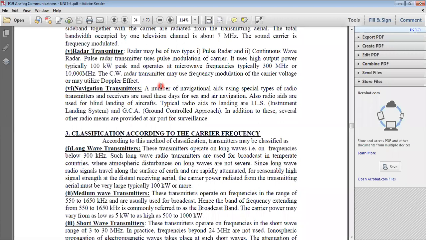But in CW radar transmitters, we use frequency modulation with a carrier voltage, and it also utilizes the Doppler effect.